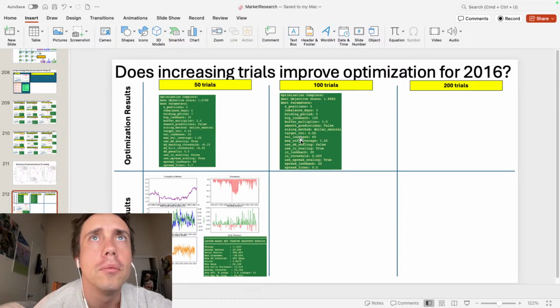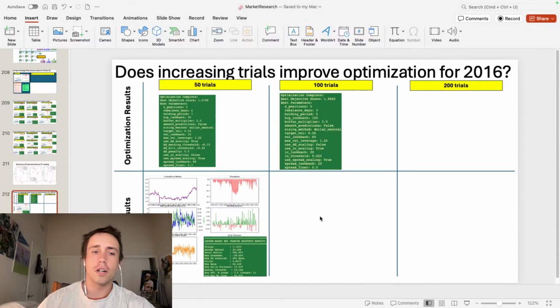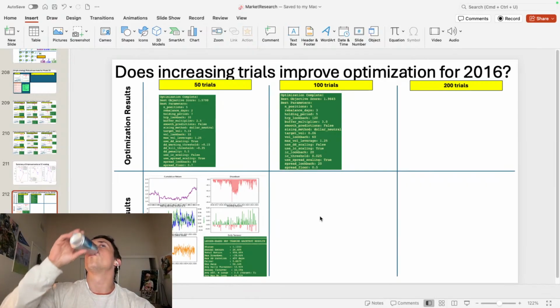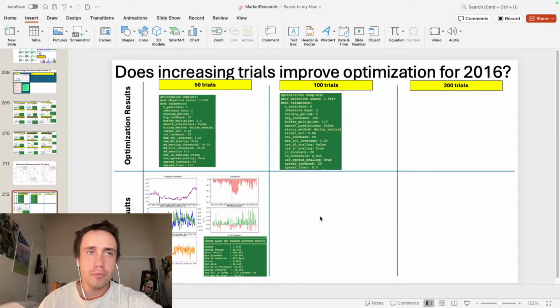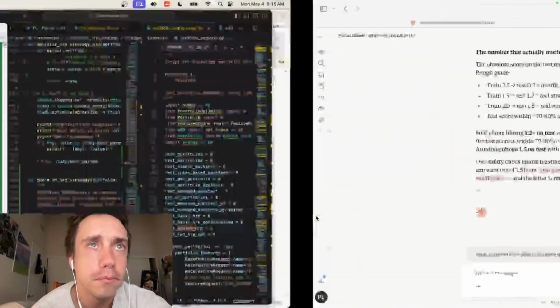So the objective score is increasing. The more trials you use, the more risk of an overfit you have. But also the better fit you'll have, so it's a trade-off.